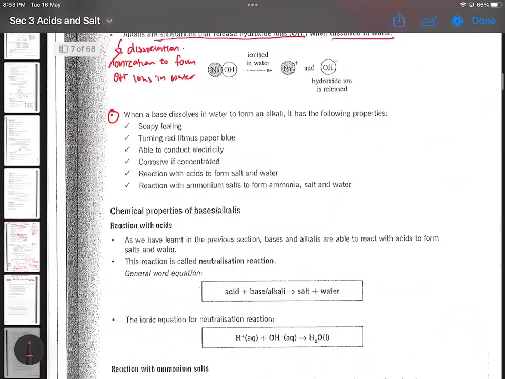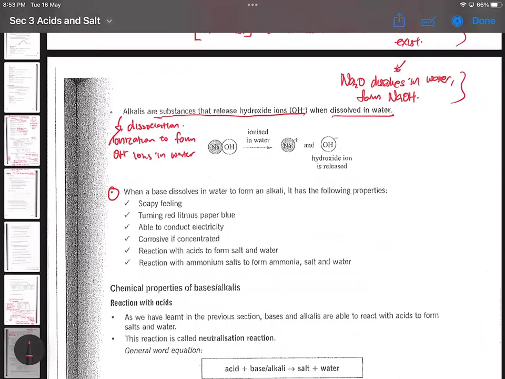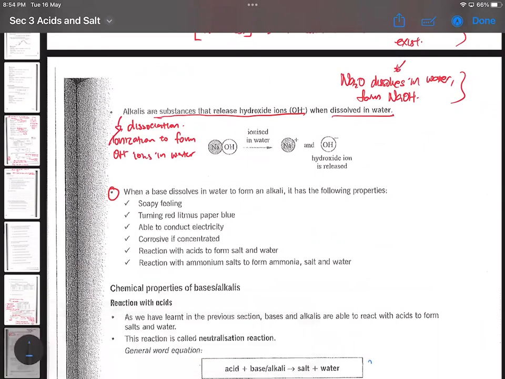Okay, so I wanted to go back to see how we labelled the physical and the chemical properties. But since we lost it, let's draft this here. Physical properties. From the list over here, which one will be a good classification as physical properties of alkaline?